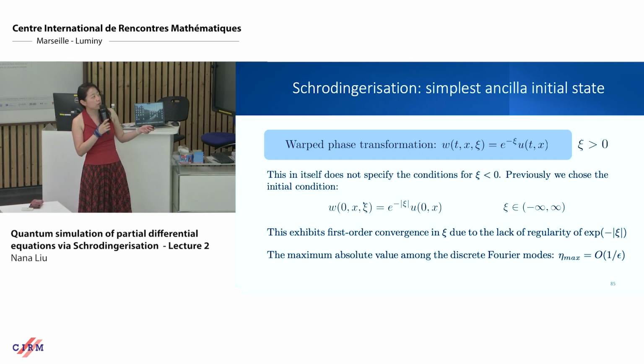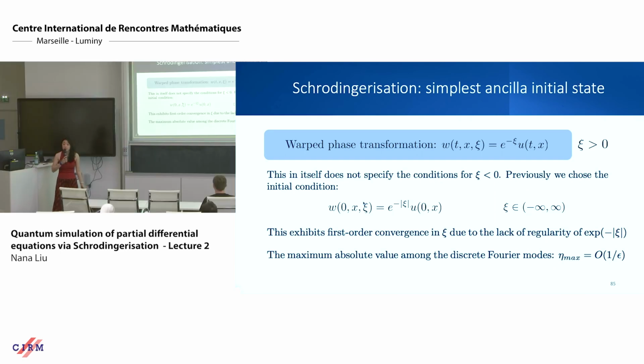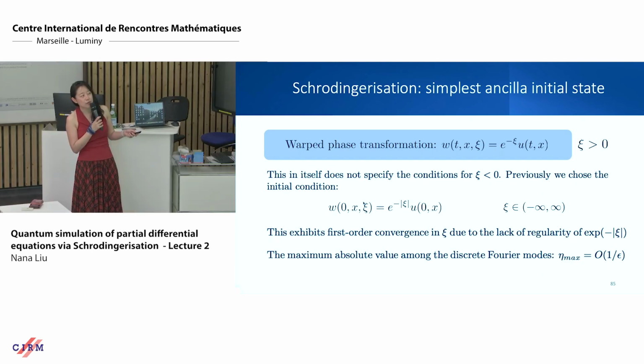Just a note on the original warp phase transformation: it still works when psi is above 0, and if we do have a backwards thing, this is when psi is above psi star. But this in itself does not specify the conditions when psi is below 0.